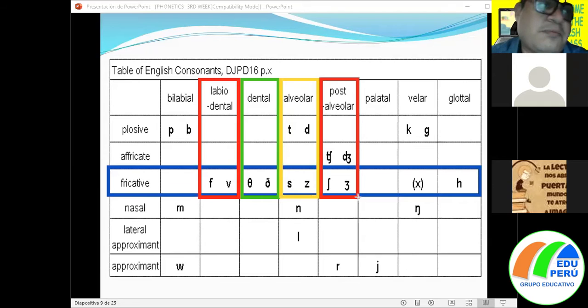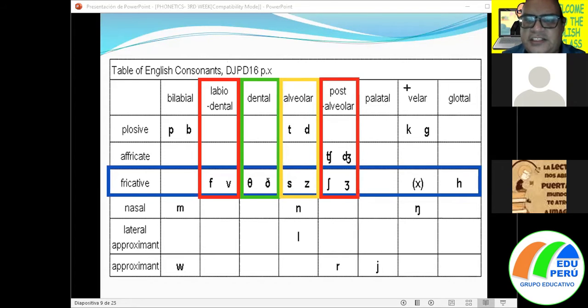And notice here, for example, the first sound you have in she, short, shoes. The second sound you can find in the word television, Asia. Notice these two words. Now let's pass to the other two fricative sounds.